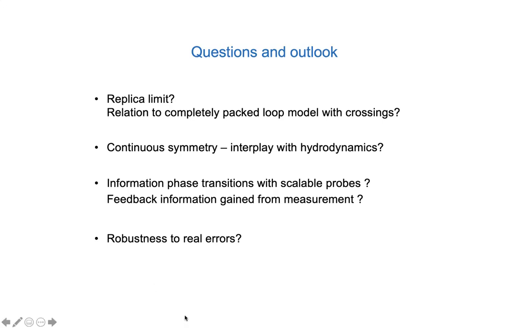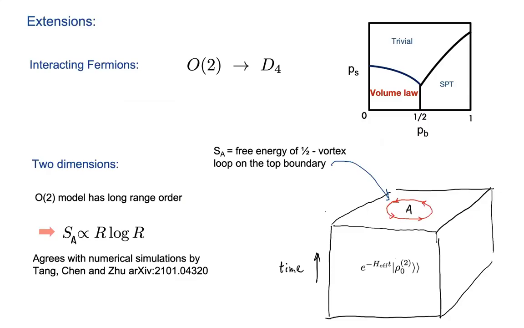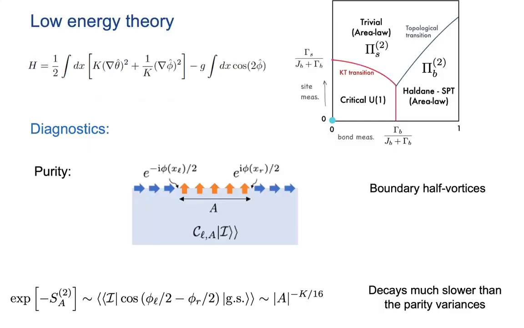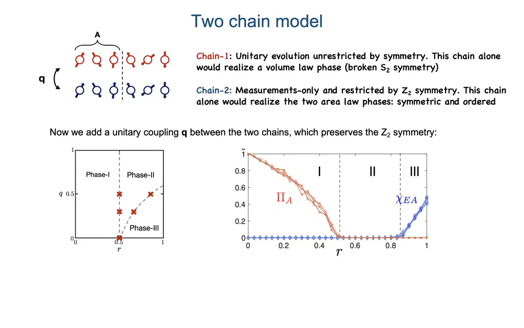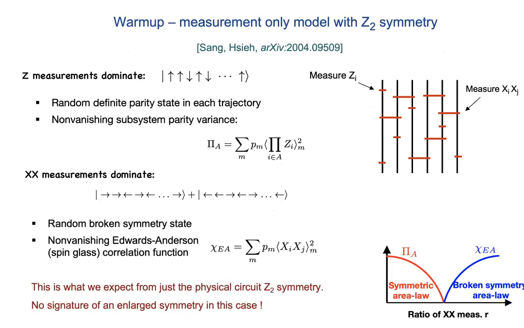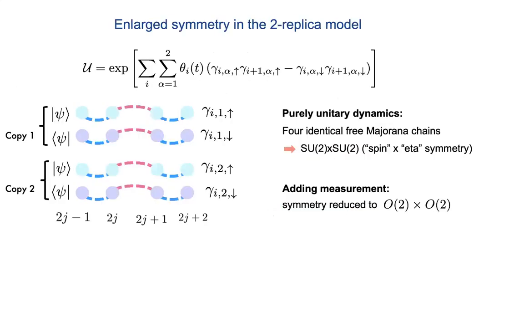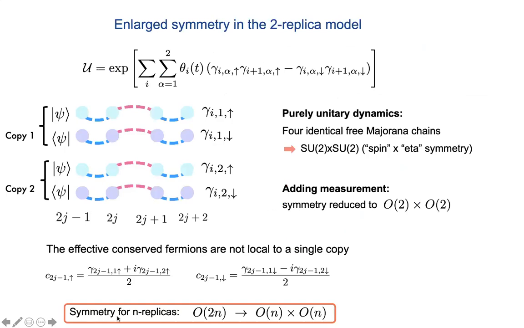I have a question. So when you consider multiple replicas, is the generalization you want the ON? Yeah, so I have it here. So the generalization more precisely is this. At the bottom here.